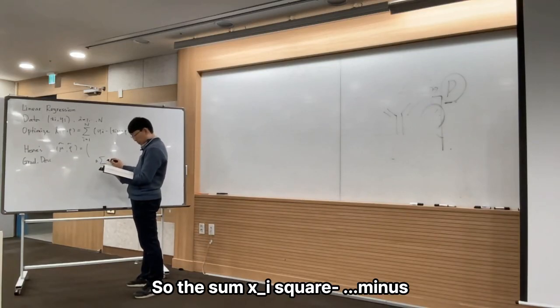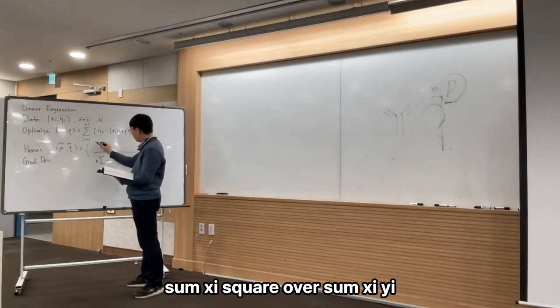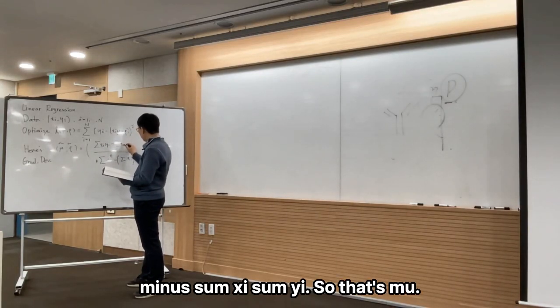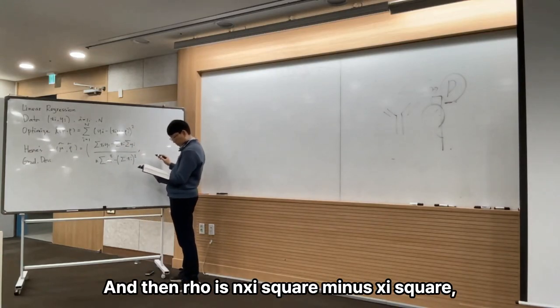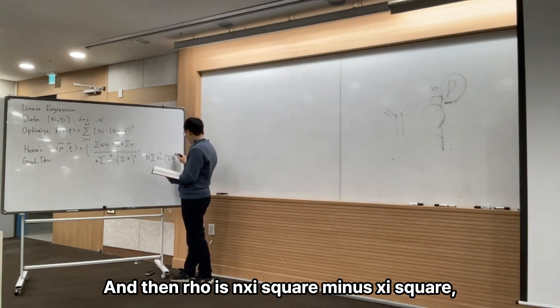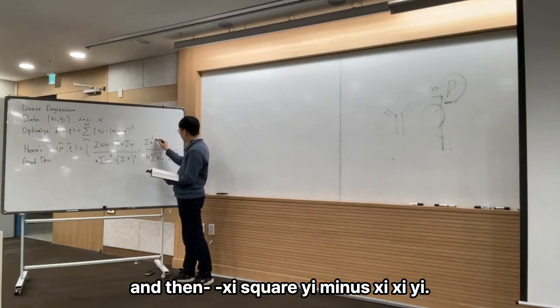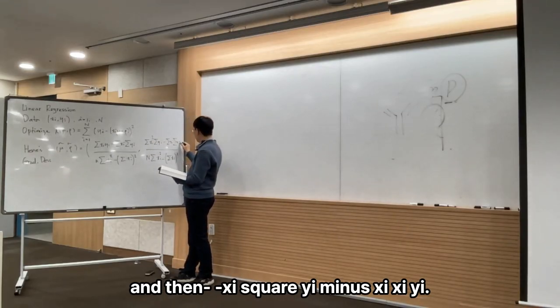So the sum of xi squared, minus the sum of xi squared, over the sum of xi yi minus the sum of xi times the sum of yi. So that's mu. And then rho is n times the sum of xi squared minus the square of the sum of xi, and then the sum of xi squared times the sum of yi minus the sum of xi yi.